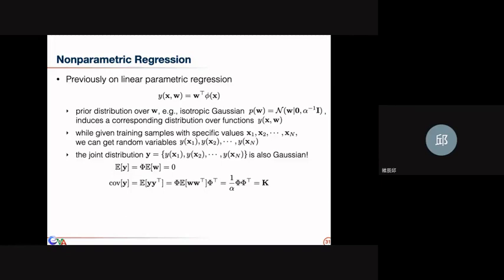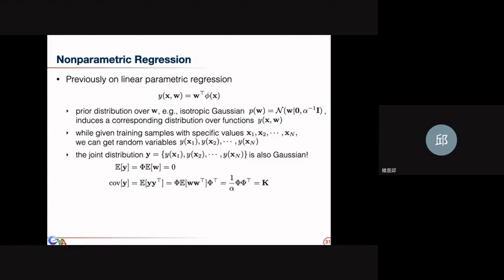So when you have lots of random variables from all the input samples, then their joint distribution, the distribution over y of x1, y of x2 to y of xn, is also Gaussian, right?